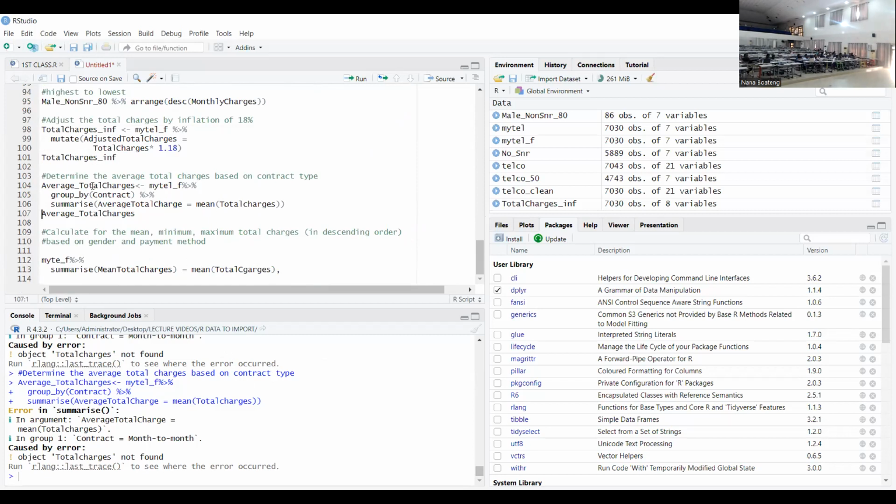This part. You should have an error online 104. Is it online 104? Yes, after line 106, when I run it, I get an error.